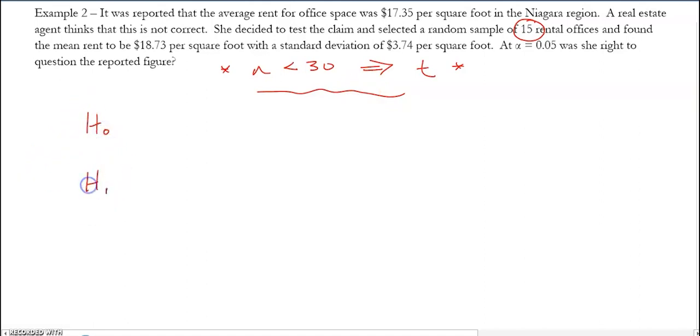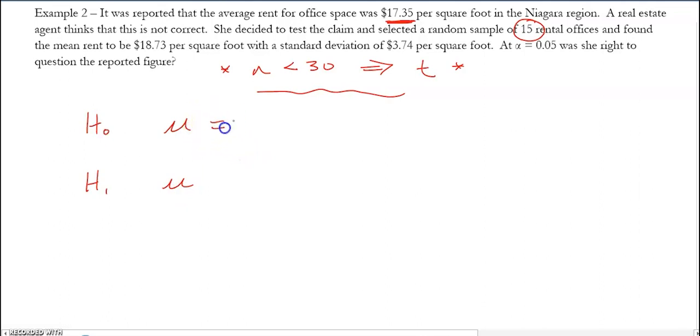Now you see that in this case, there was no direction given. It just says it was reported to be $17.35 per square foot. So the rent was this value here. So you can see then, as a result, that there is no direction given in the question.